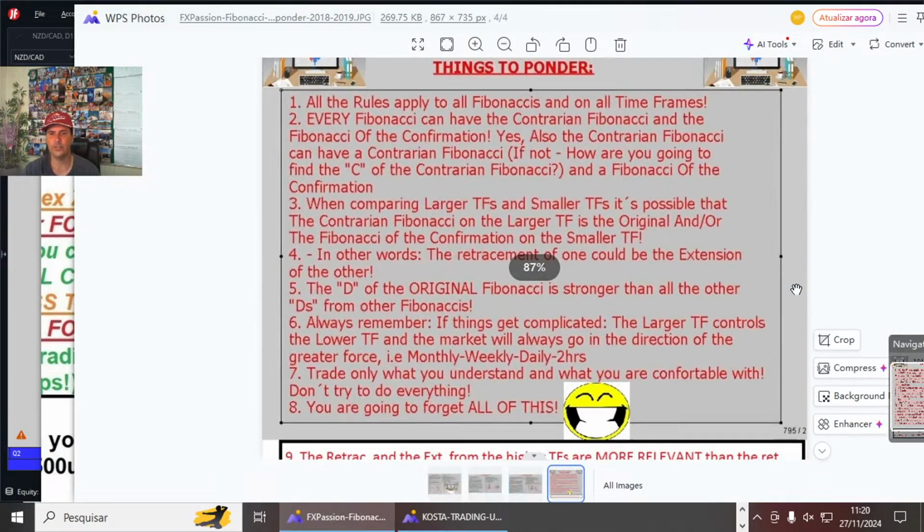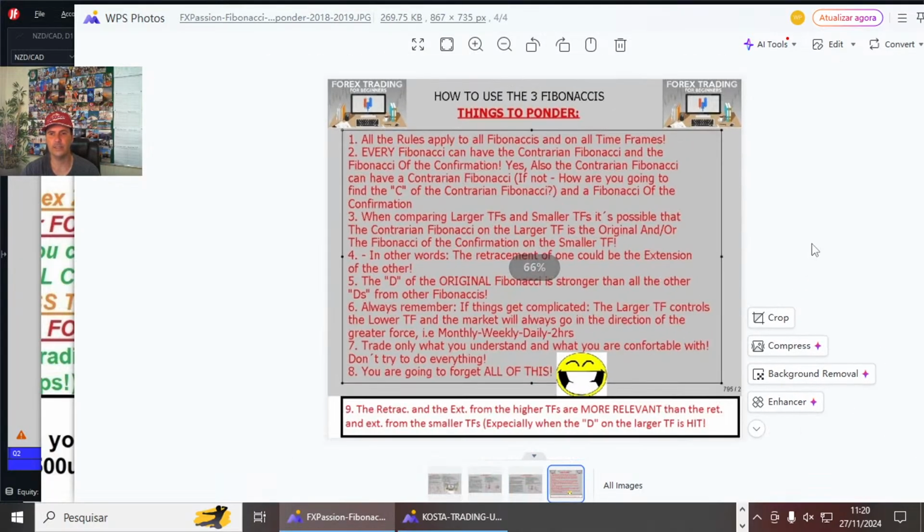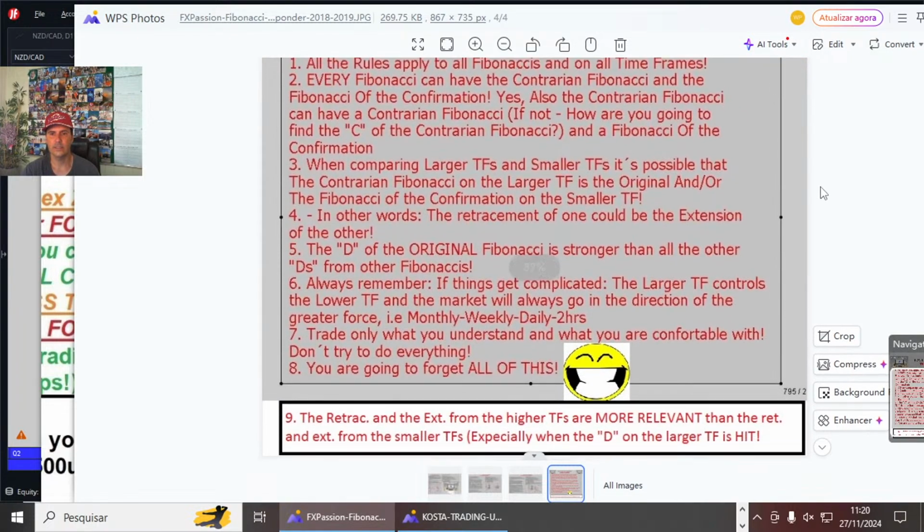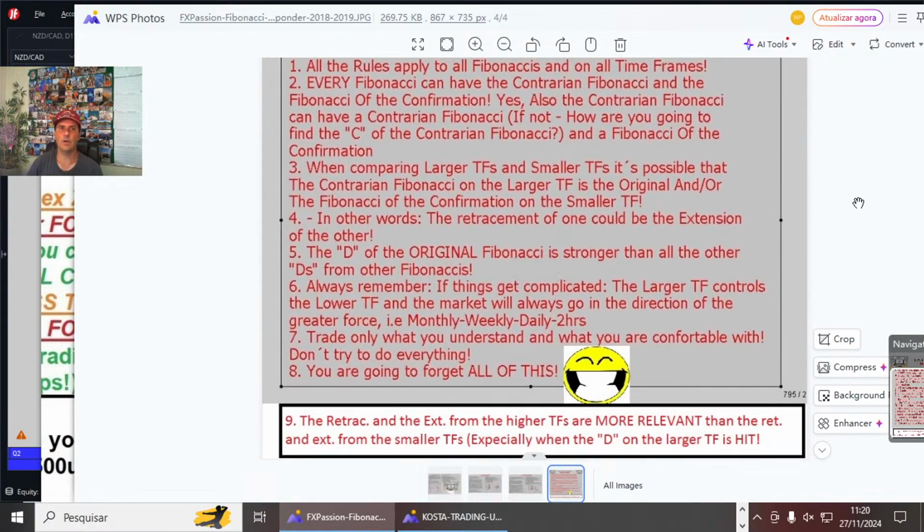And take the picture of this one, everybody. Number 1, all rules apply to all Fibonaccis and on all time frames. Every Fibonacci can have the contrarian Fibonacci and the Fibonacci of the confirmation. Yes, also the contrarian Fibonacci can have a contrarian Fibonacci.